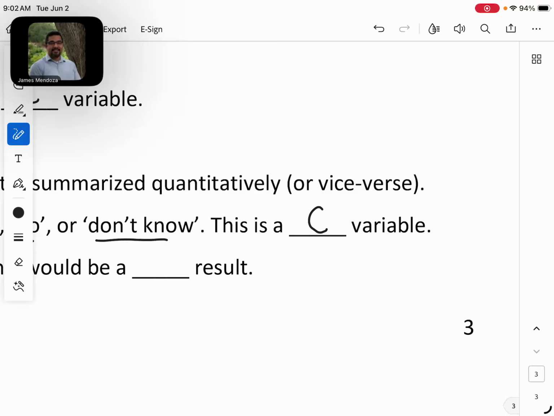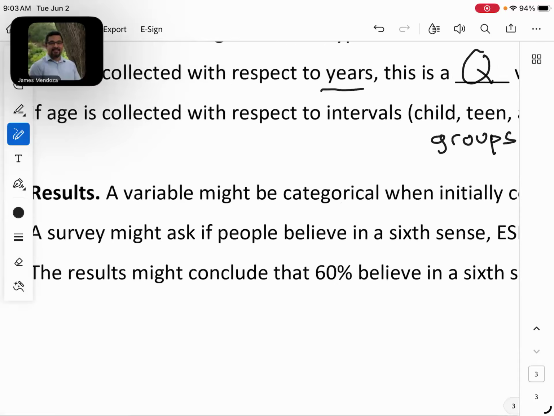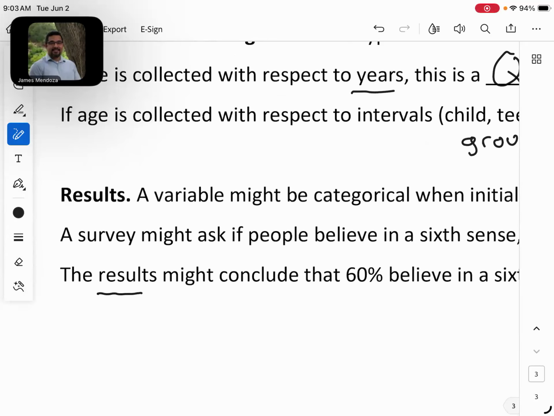Who you're collecting data from, is it categorical, is it quantitative? When we get to section 2.1, that's when we're going to start actually looking at the results of the study. That's going to be the first time we start looking at the results.